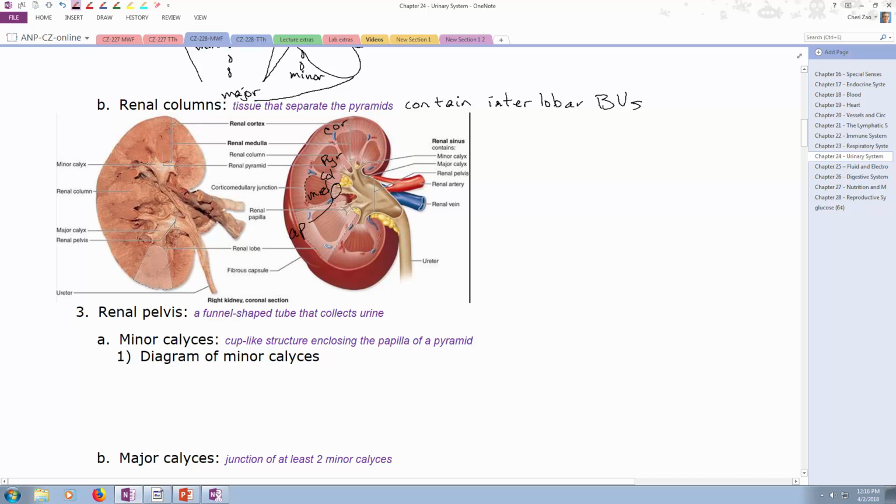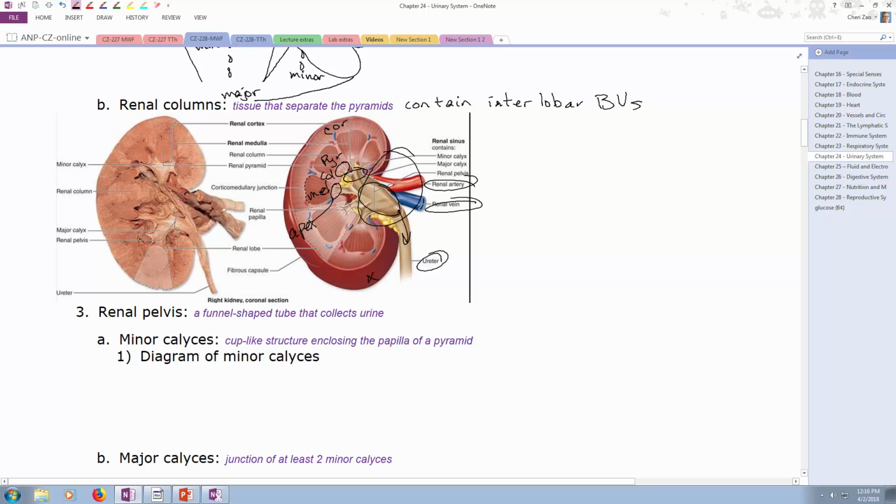Apex. This here is the minor calyx. This here is a major calyx. The funnel-shaped area is the pelvis, and then of course you have your ureter from this area. The outer aspect is the fibrous capsule. This area is called the hilus or hilum, and you'll be able to recognize the renal artery because it's muscular, and the renal vein is flabby and typically collapsed.